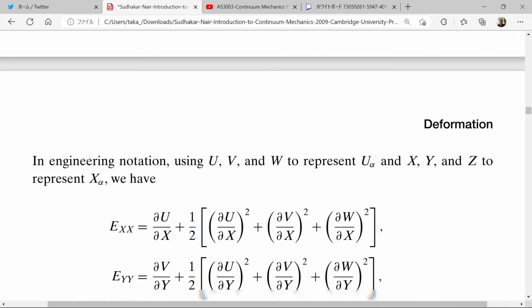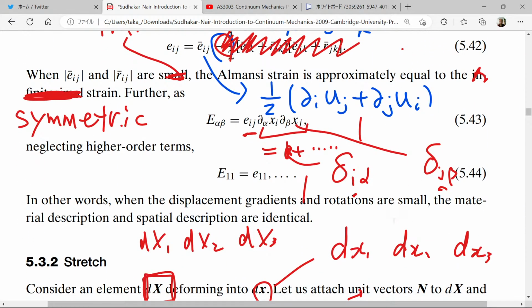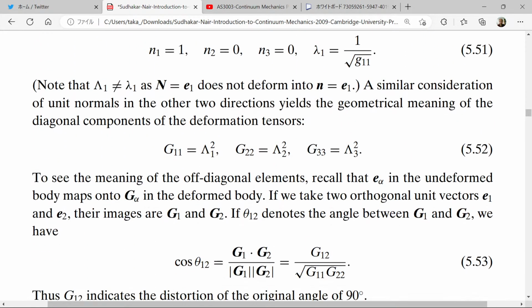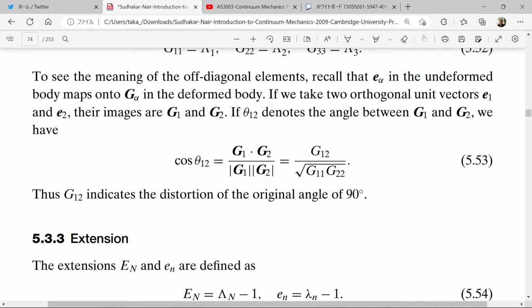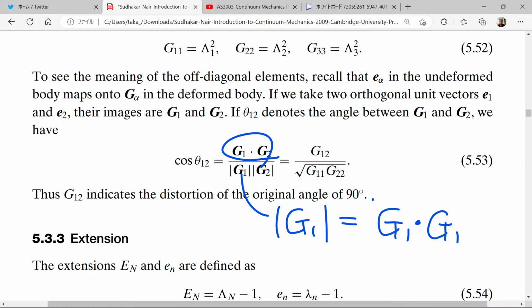So this is like G1 dotted with G1 absolute value.